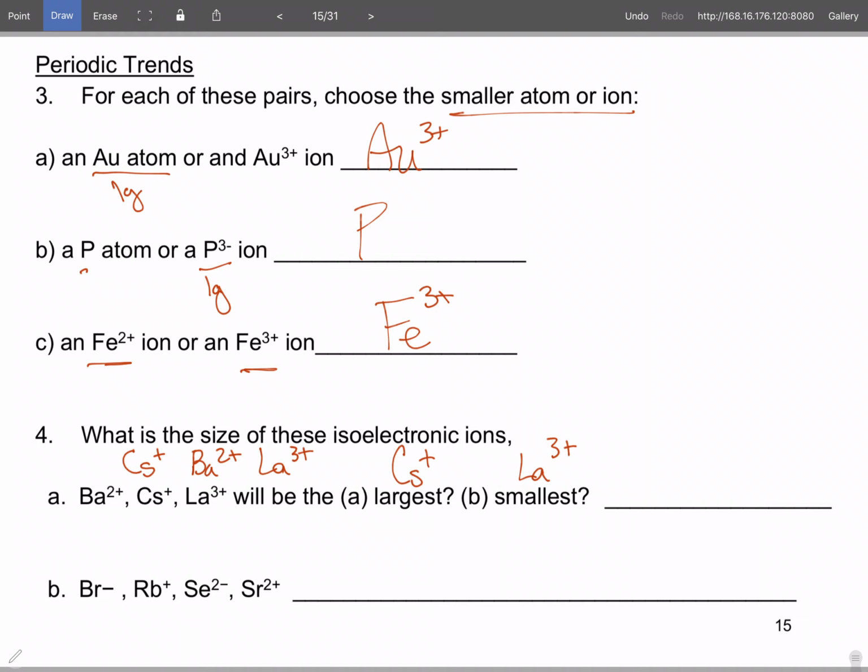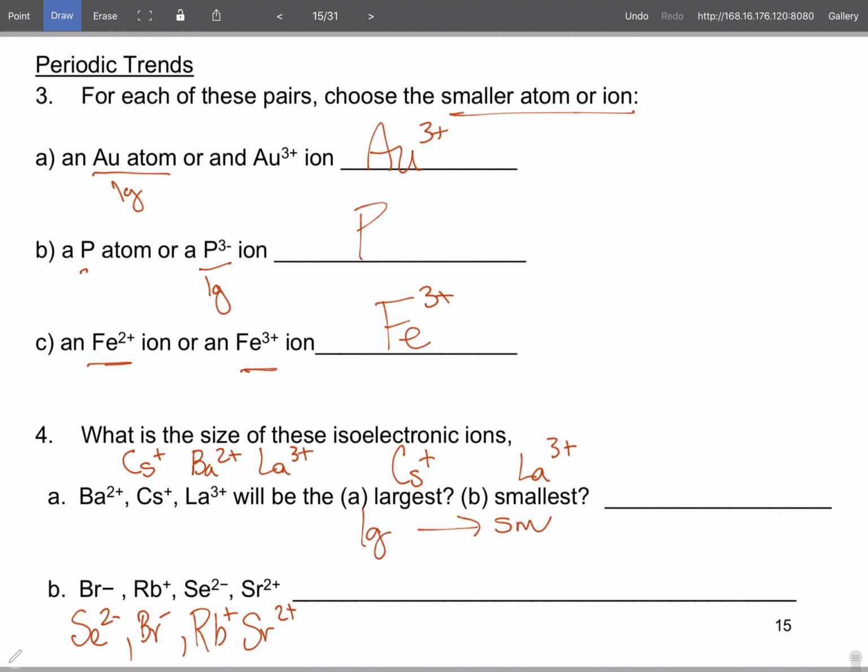Okay, now that's that group where they're all positive, so this one is negatives. So if it were me, I'd line it up by my charge, and again, these are isoelectronic, and so we're looking for the largest to the smallest. Let's keep largest to the smallest.